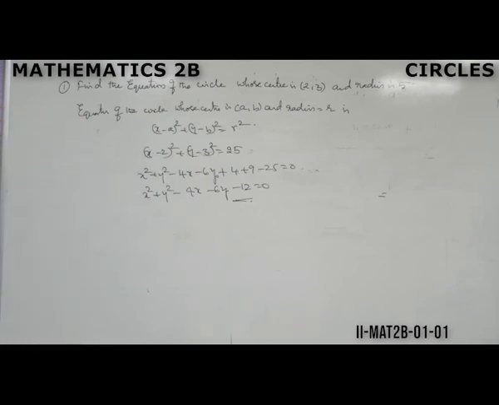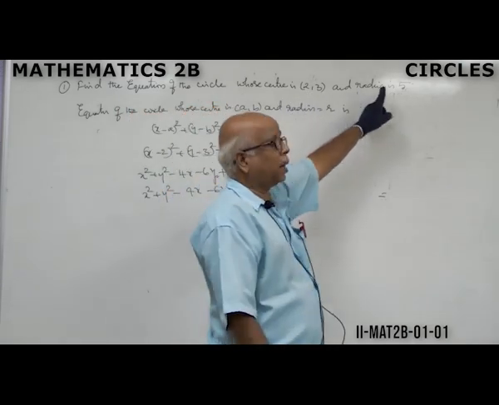That is the equation of the circle whose center coordinates are (2, 3) and radius is 5.